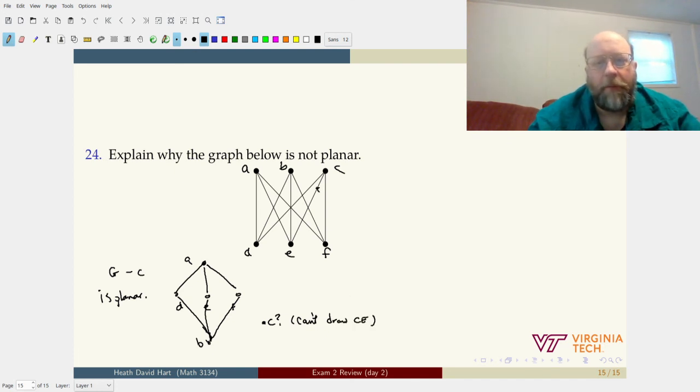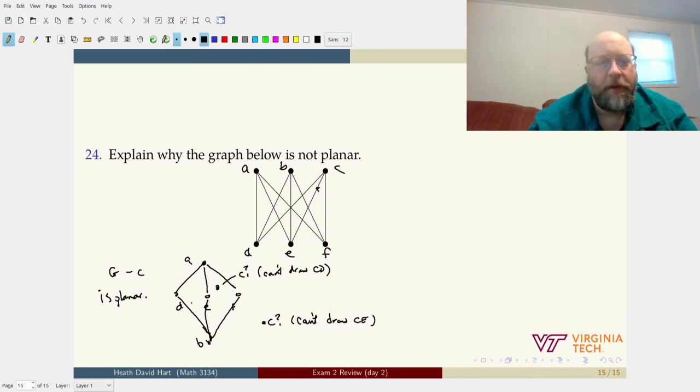So this edge would be a problem. If we put C here inside this region, then I can't get over to D. I can go CE, I can go CF, but I can't go CD. So from here we can't draw CD.